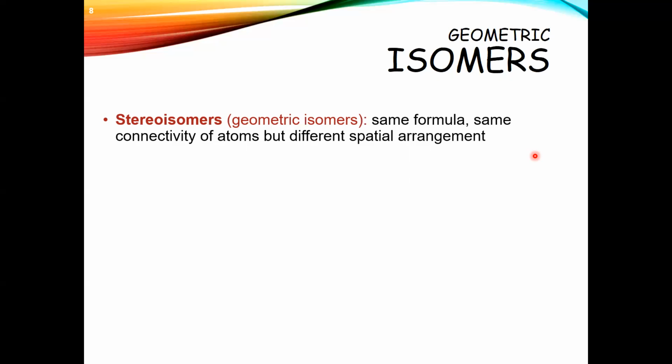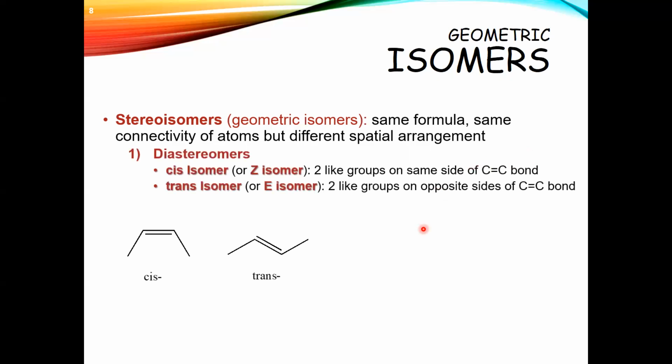Now, the simplest type of stereoisomer, or the simplest to understand, I think, is probably cis and trans isomers. These are what are called diastereomers. Dia meaning 2, but really diastereomers can have multiple conformers. And cis and trans are a subset of the diastereomer type isomers.